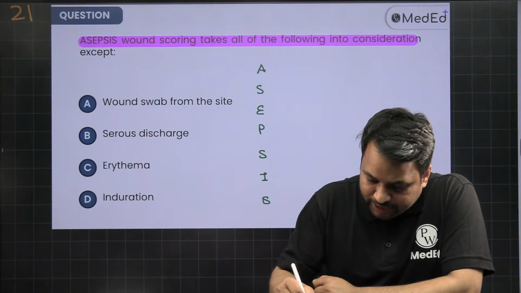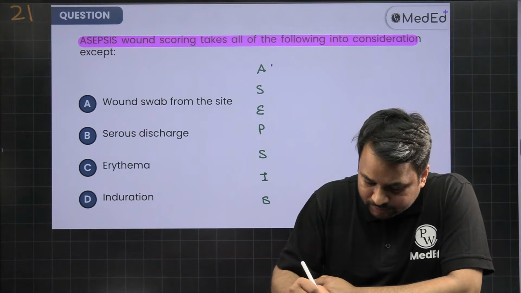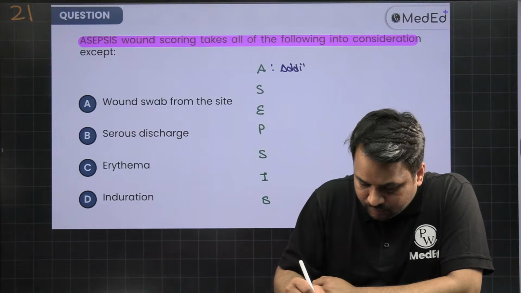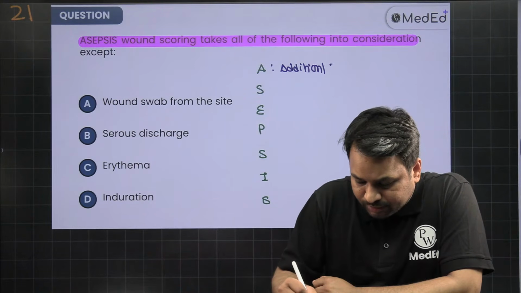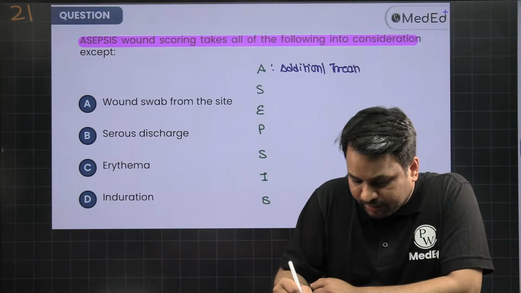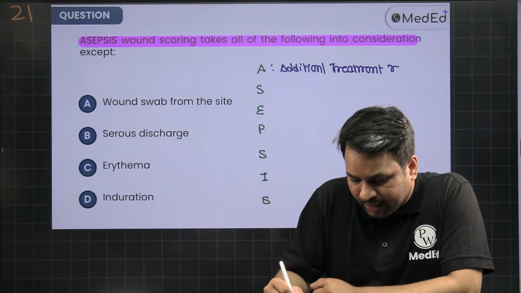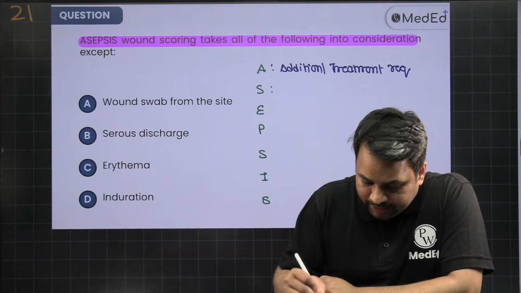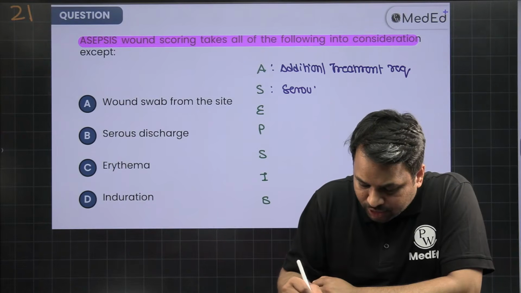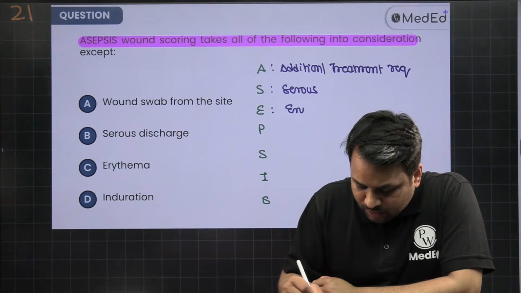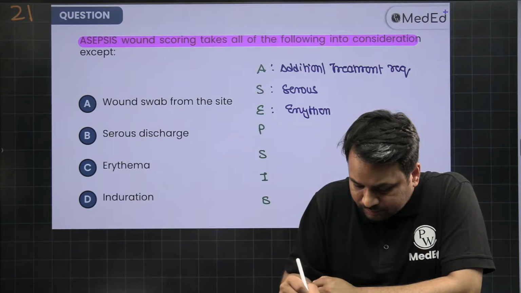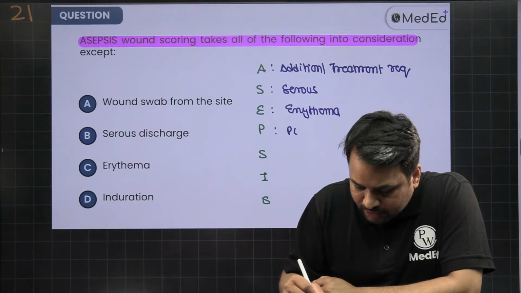A stands for additional treatment required for wound healing. S stands for serous discharge. E stands for presence of erythema. P stands for purulent discharge.